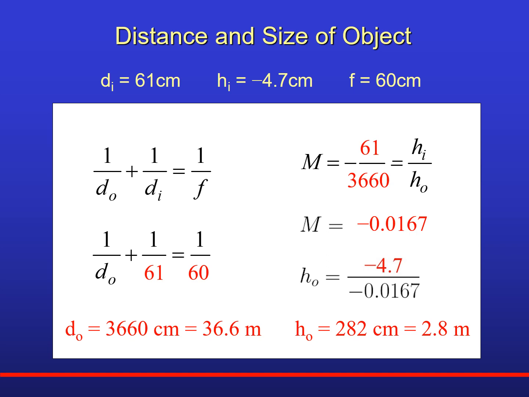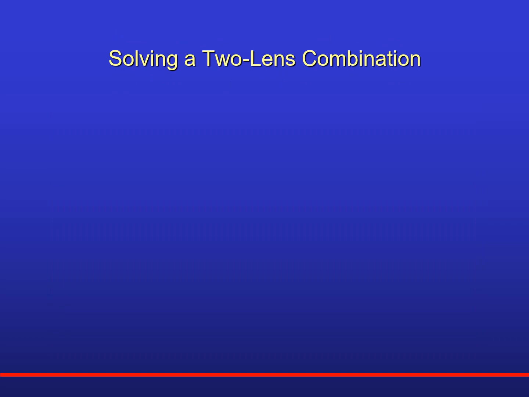Now we want to look at a different kind of problem. How do we solve a problem with two lenses? Very, very practical. Why? Well, a telescope has two lenses. A microscope has two lenses. Binoculars have two lenses.